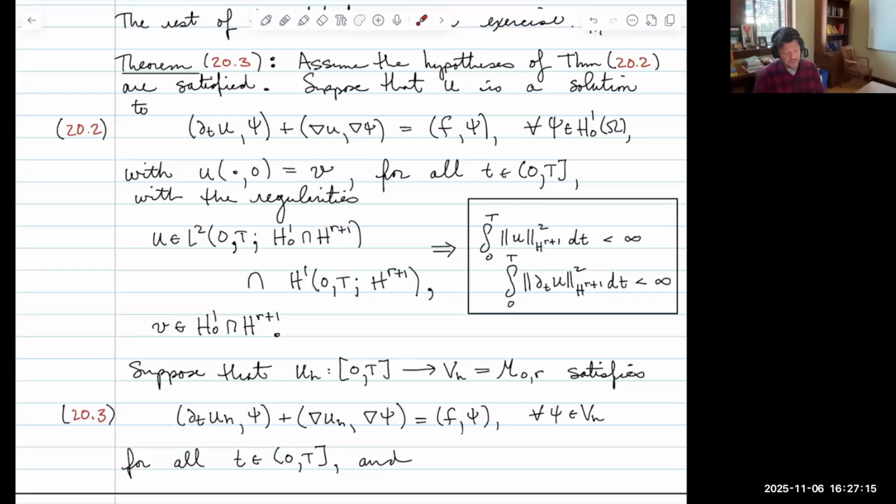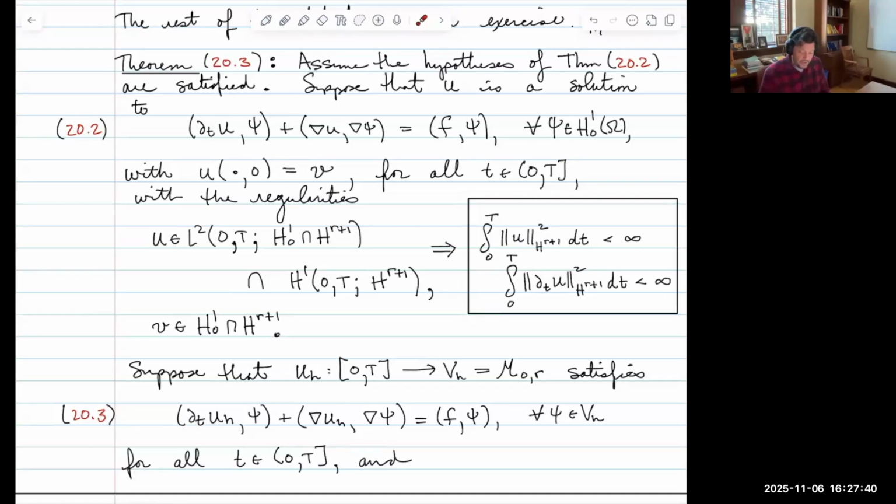Sometimes we can assume it's just L2 intersected with H^{r+1}. So this is the Sobolev space H^{r+1}. This means weak derivatives exist in our L2 functions of order up to and including the r+1st. And we know what the norms look like for those spaces because we spent a lot of time talking about them.